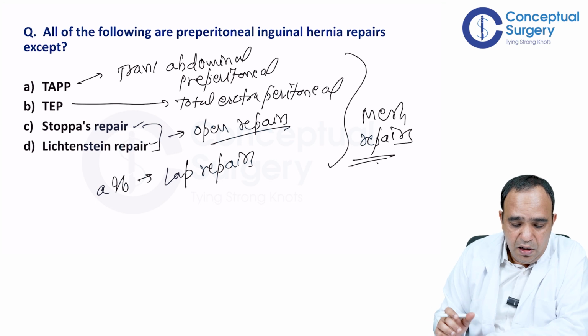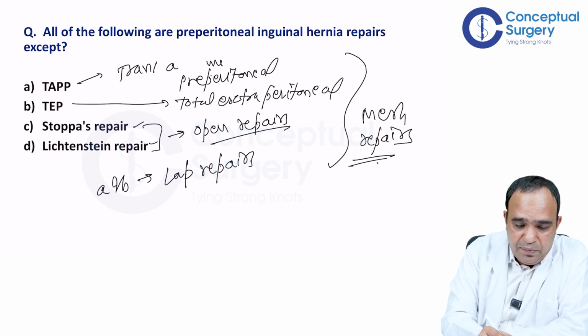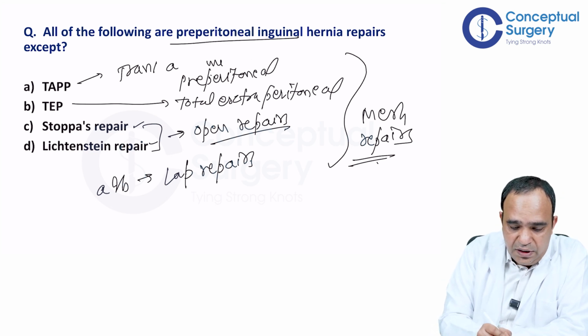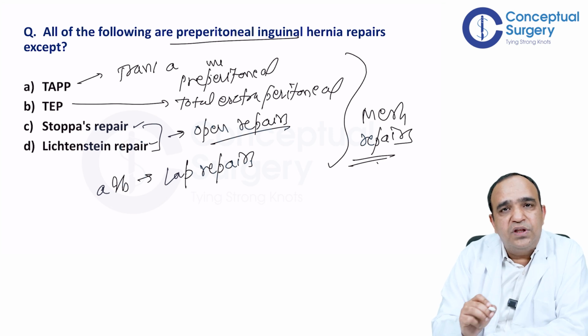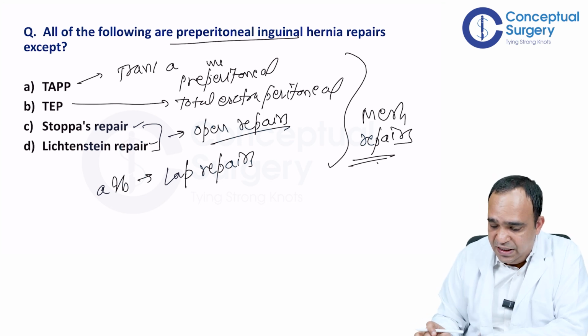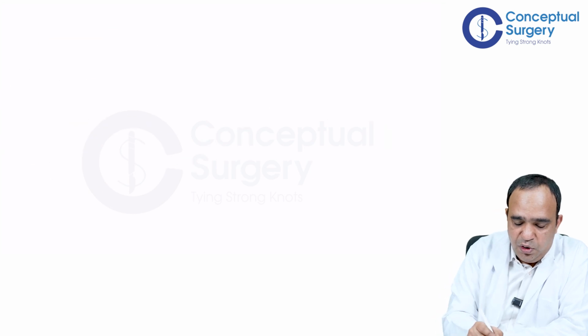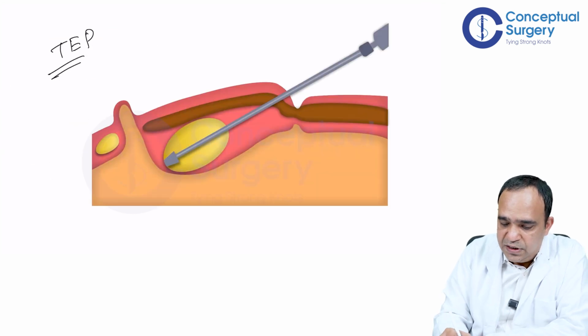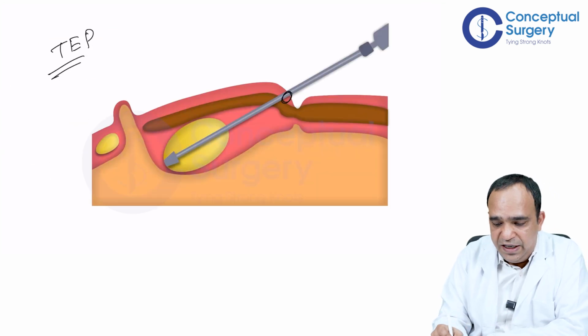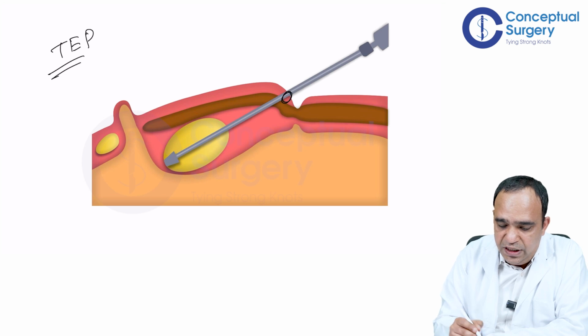Now, preperitoneal. TAPP and TEP both are preperitoneal. In this, basically, we place the mesh in the preperitoneal space. Let me show you. In laparoscopic repair, we make an incision at the umbilicus, and a telescope goes inside.